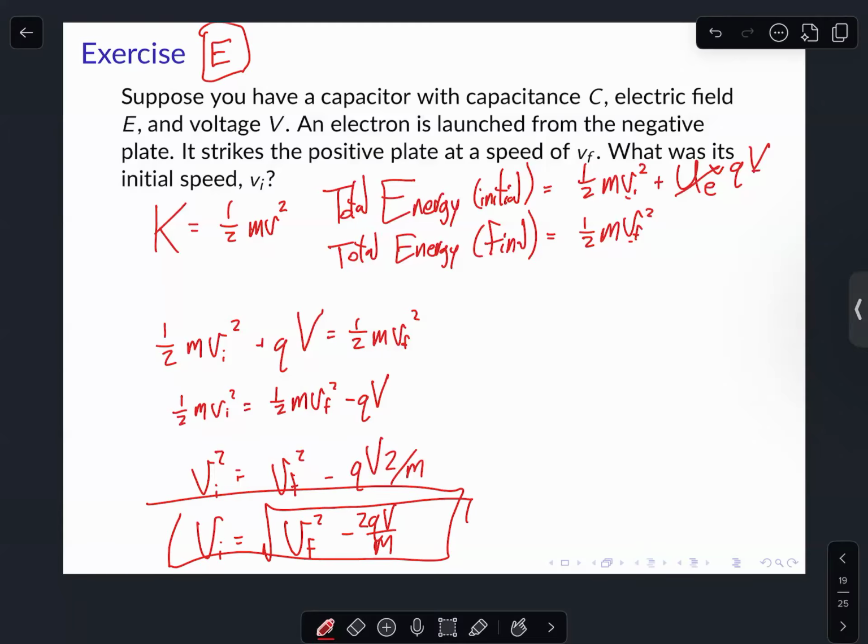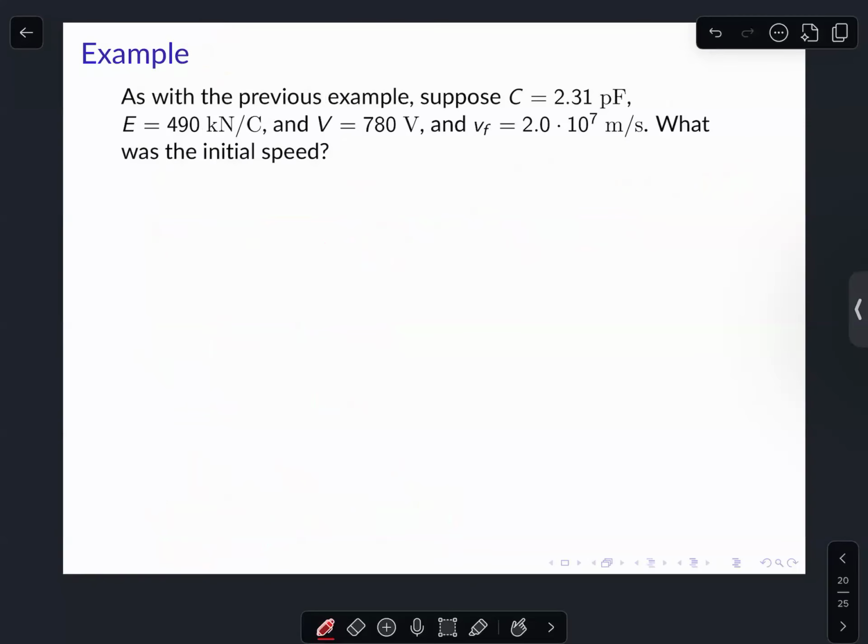Great. Now let's plug in numbers and see if you can get answers. Please take a note, by the way. What's a pico again? Pico is 10 to the negative 12. What's a kilo? 10 to the 3, 1,000. Okay, let's see just how much a vacuum tube circuit capacitor can accelerate.